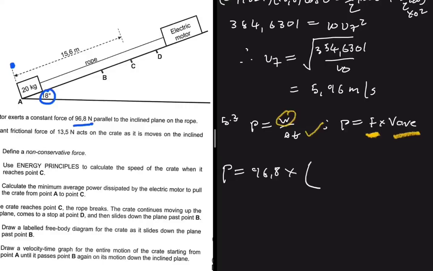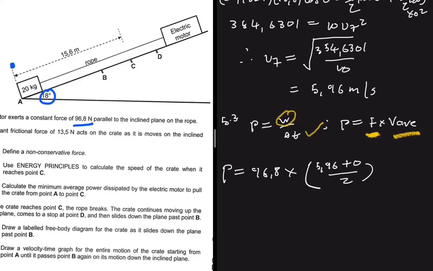To find the average velocity, I'm going to say VF plus VI divided by 2. VF is 5.96 plus 0 divided by 2. So that is 96.8 multiplied by 5.96 plus 0 divided by 2.